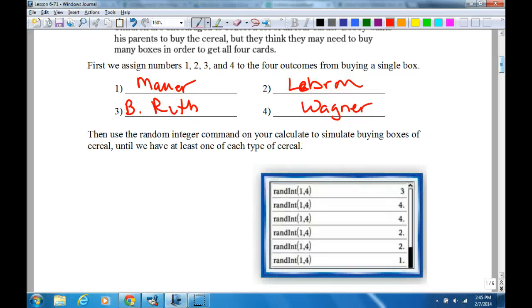Now, if you don't have a calculator or a CAS, you can do this online. You can actually Google random number generator, and there's about 100 of them online on the Google. All right. So, turn the page.